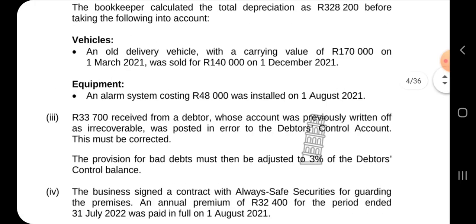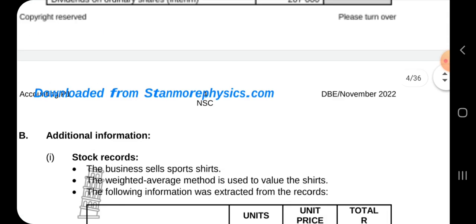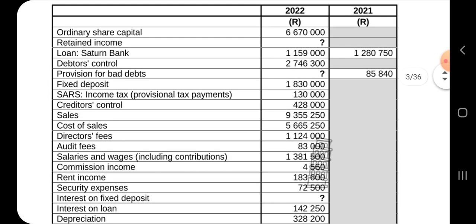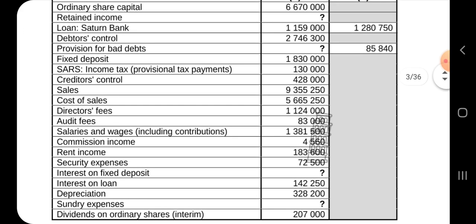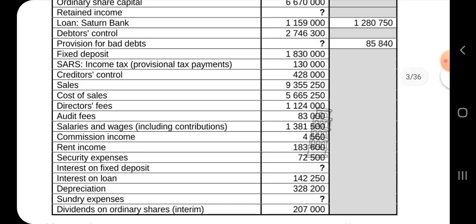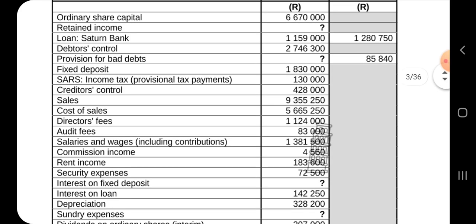So let's go to the pre-adjustment trial balance. Yeah, this one here. And then we'll see the provision for bad debts or debtors control. For debtors, first, previously we had 85,840.